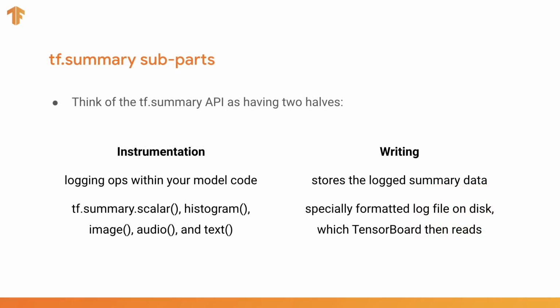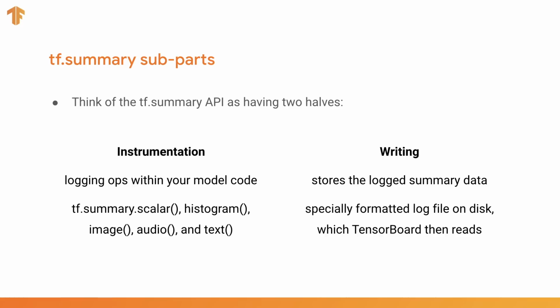And the Summary API actually has several variations. And when talking about the variations, it's useful to think of the API as having two basic halves. On one half, we have the instrumentation surface. These are logging ops that you place in your model code. They're pretty familiar to people who've used the Summary API, things like scalar, histogram, image.